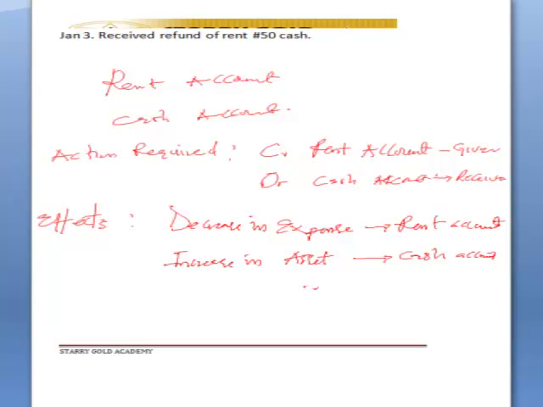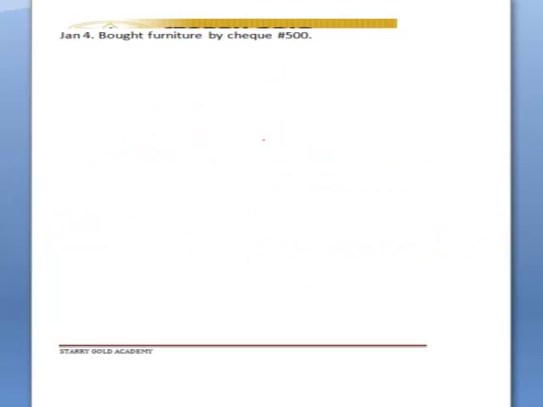The next is January 4th, bought furniture by check. The two accounts involved here are furniture account, which is an asset, a non-current asset, and bank account. What is the required action?